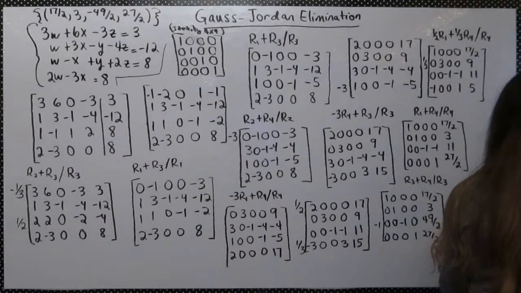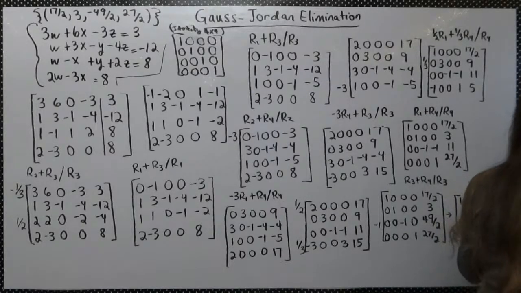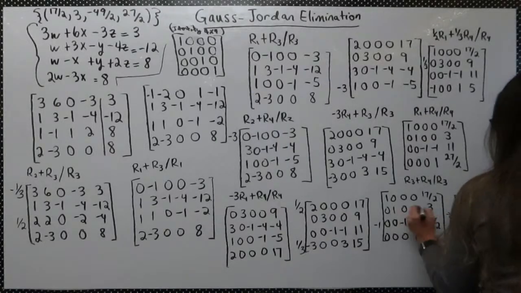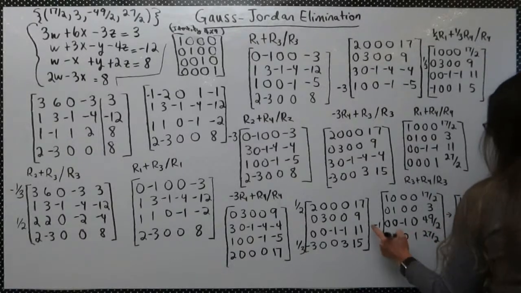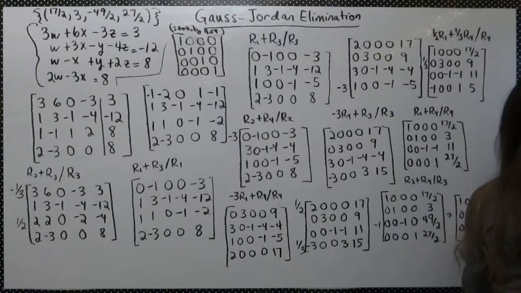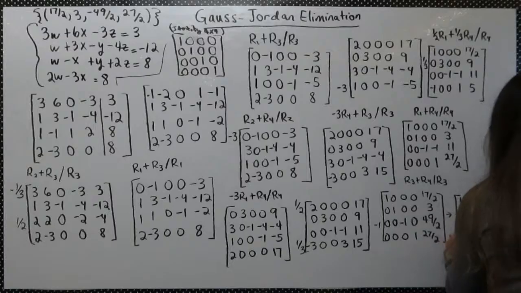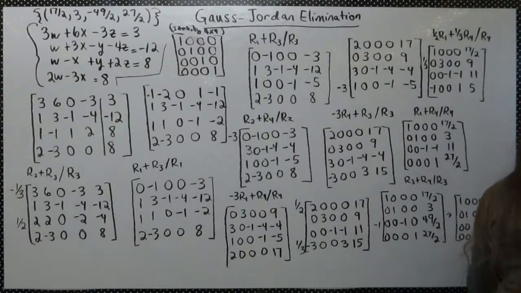So we'll have, all right, so we got 1, 0, 0, 0, 17 halves. We got 0, 1, 0, 0, 3, 0, 0, +1, 0, negative 49 halves. And we've got this one, 0, 0, 0, 1, 27 halves.